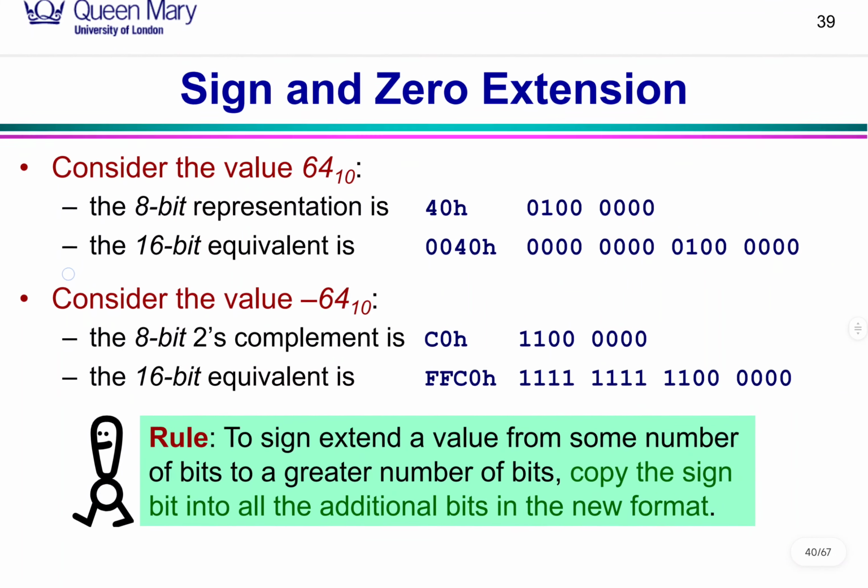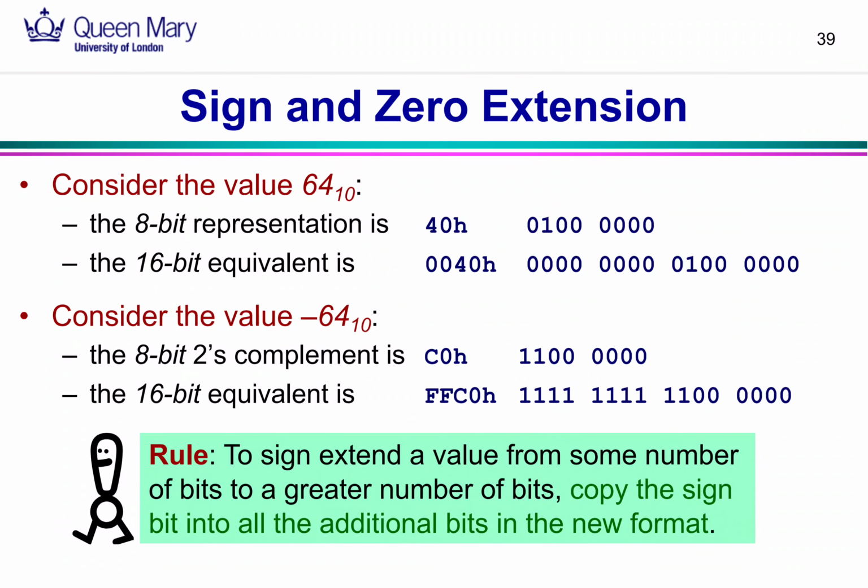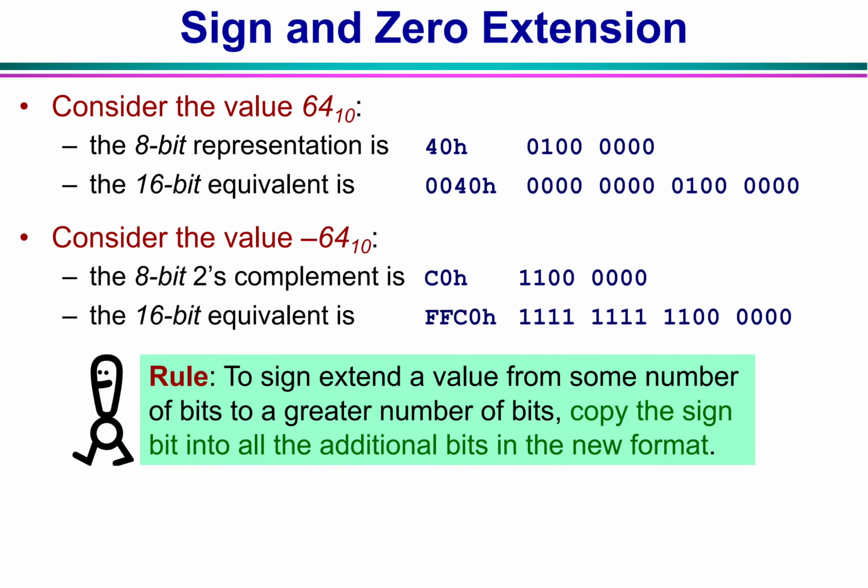Sign and zero extension, consider what happens with the representation. 16-bit equivalent. Okay, be careful. What is a bit? 3 bits, 1 octal position, 4 bits.